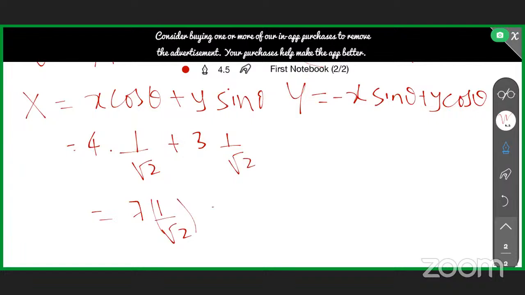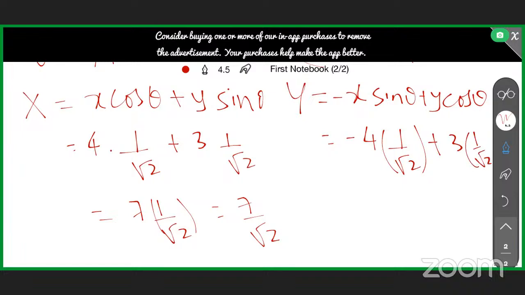Y is minus 4 into 1 by root 2 plus 3 into 1 by root 2, equal to minus 1 by root 2.